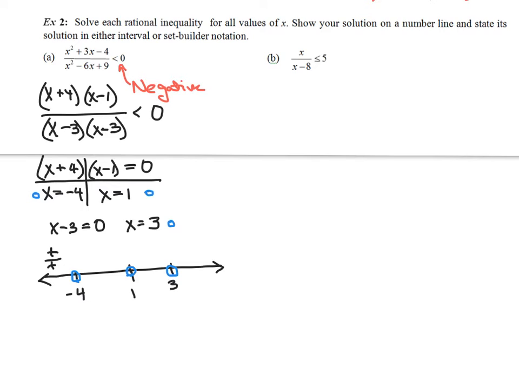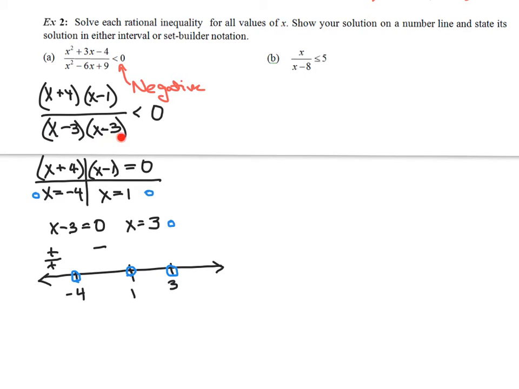Let's try a number between -4 and 1. Again, 0 is the easiest one to pick. So put 0 in for x in the numerator. 0 plus 4, positive. 0 minus 1, negative. Positive times negative gives me a negative numerator.